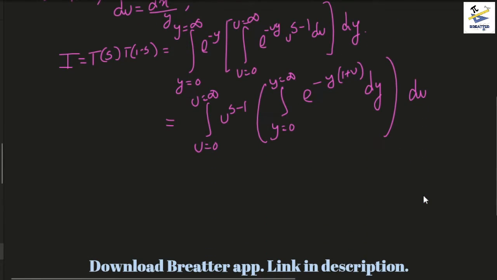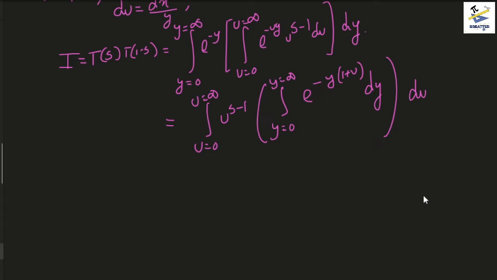Now this is an easier integral to evaluate because the integral of e to the power minus ax for x from 0 to infinity is just 1 by a, right? So this integral is a rather simple one. Let me just do it.